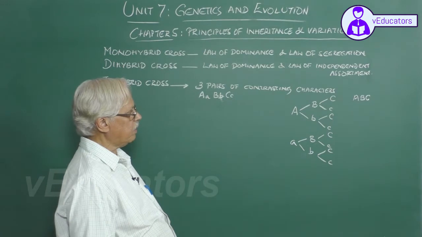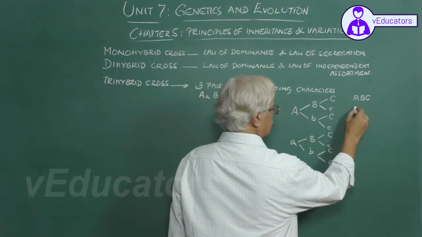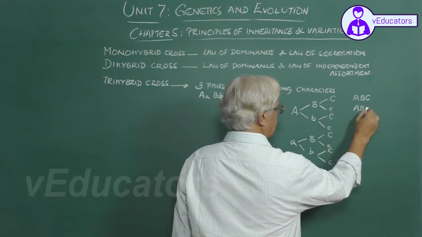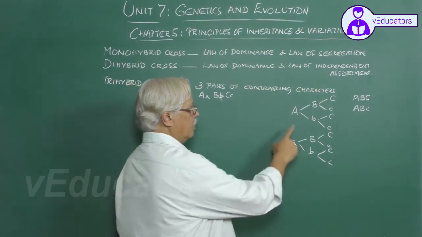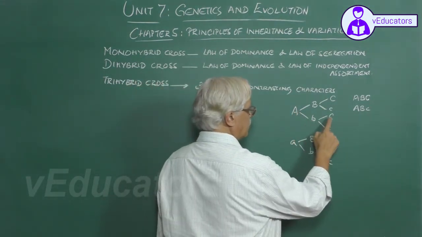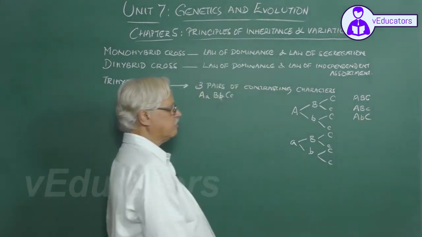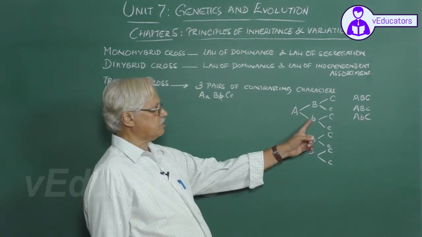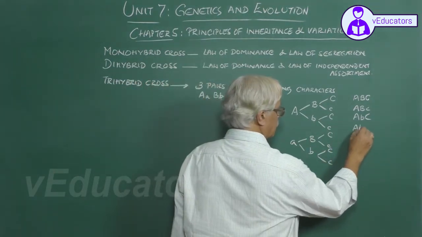Capital A, capital B, capital C; A, B and small c, another type of gamete; A, small b, capital C, another type of gamete; A, small b, small c, one more type of gamete.